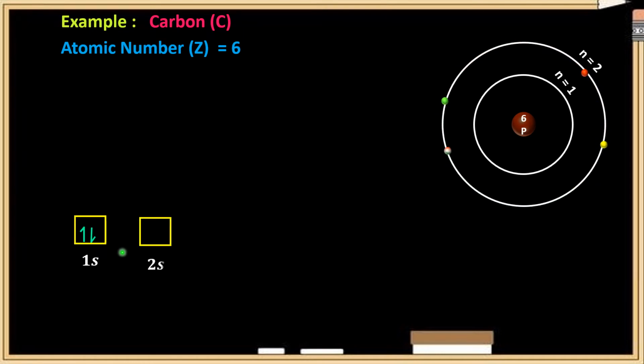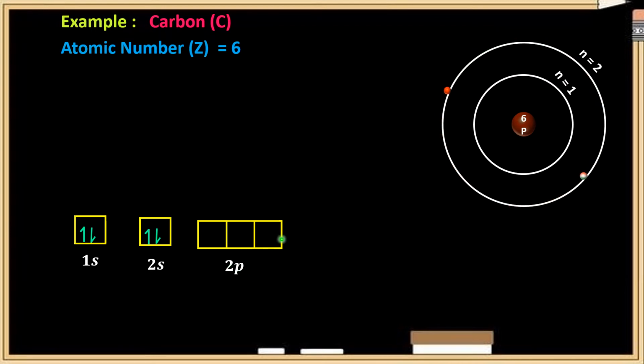Now electrons enter into 2s orbital. So third electron enters into 2s, and the fourth electron pairs up with this electron. Okay. Next we have to draw the 2p orbital.